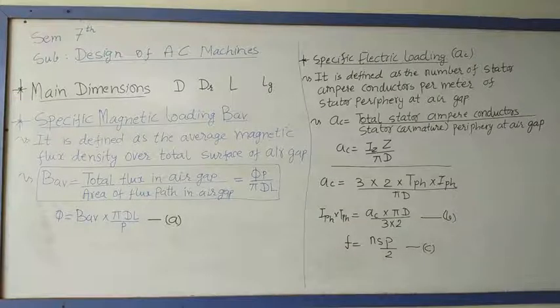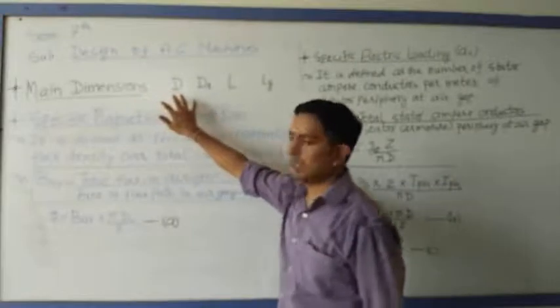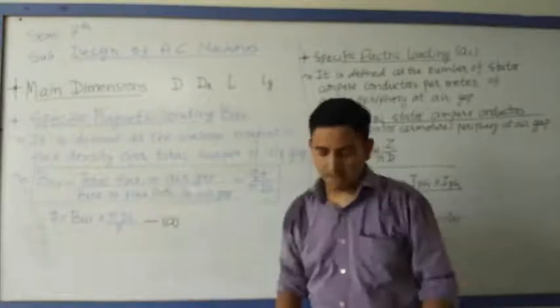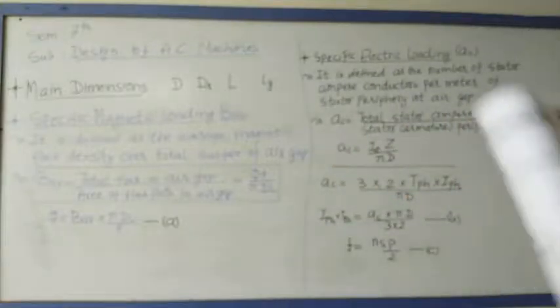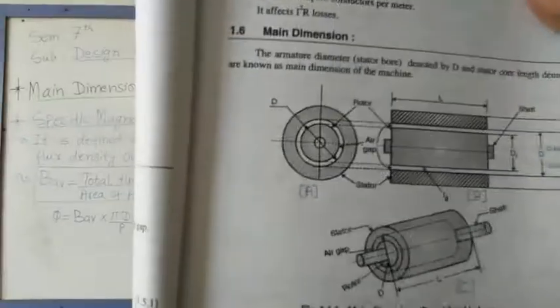Now, the main topic of this subject is the main dimensions of 3-phase induction motor construction. I am going to explain it by diagram. This is the cut section view of a three-phase induction motor. The center part is the rotor and the two outer parts are the stator.